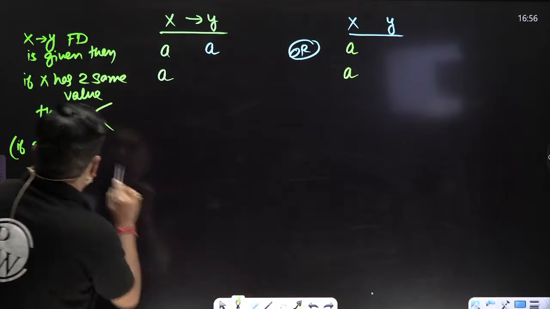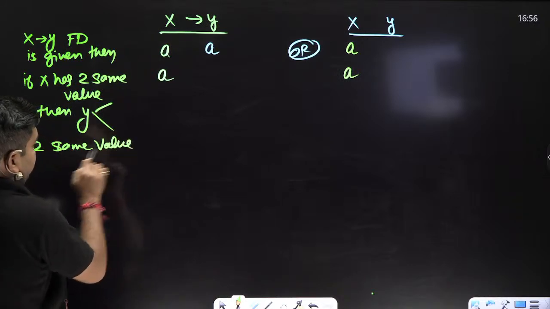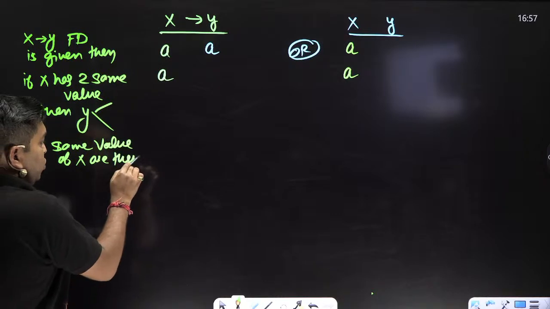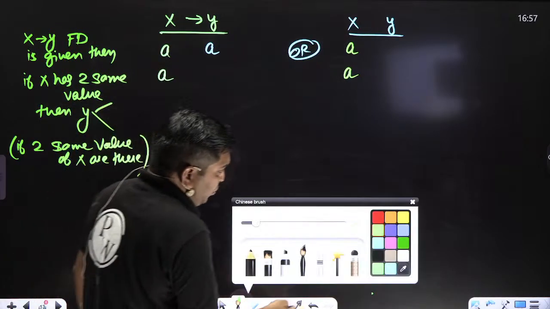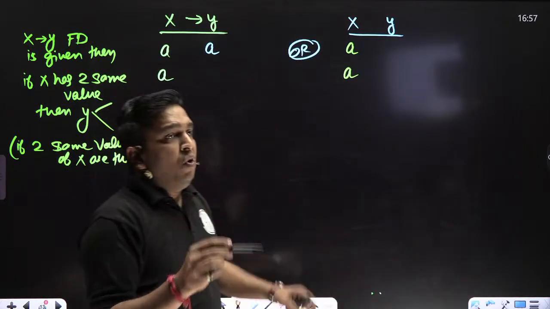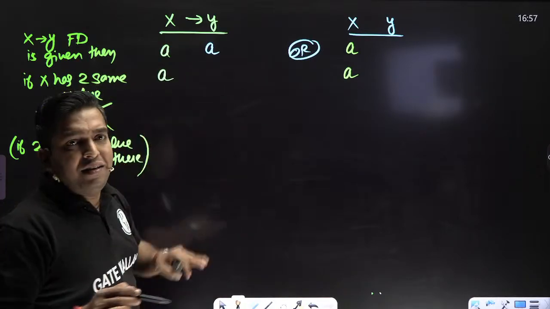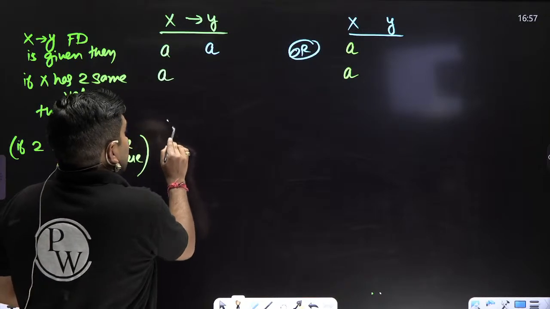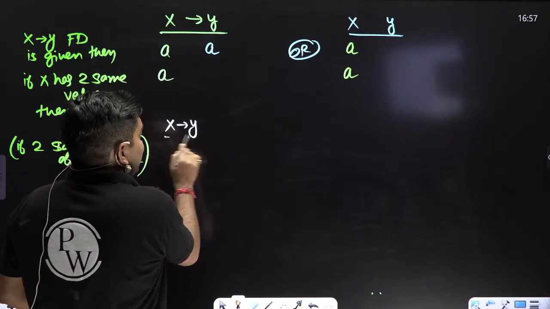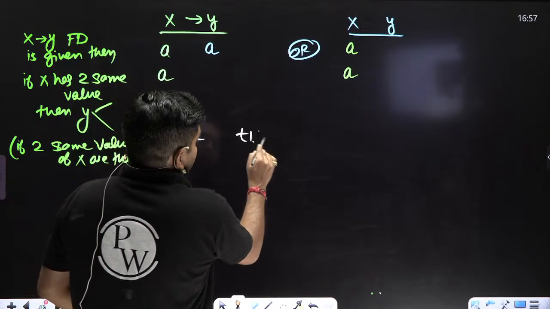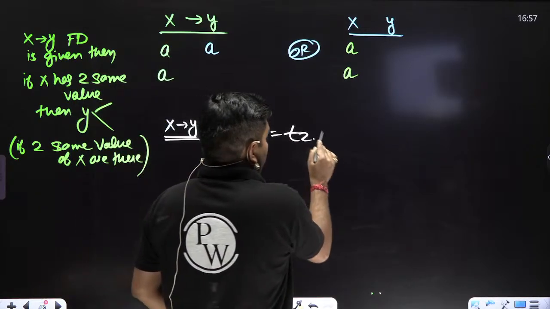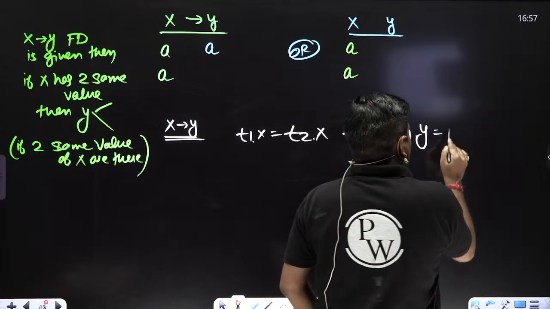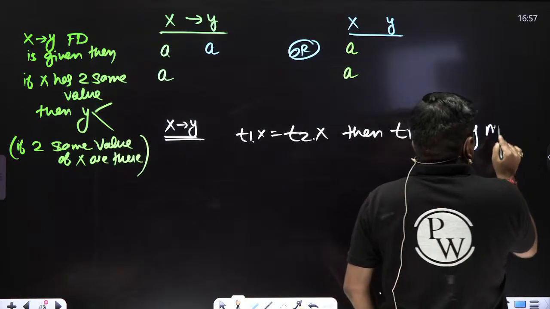Same value of X are there. So my dear students, what do you fill here in Y? Because you know what an FD means. X determines Y means T1.X equal to T2.X, then T1.Y equal to T2.Y must be.